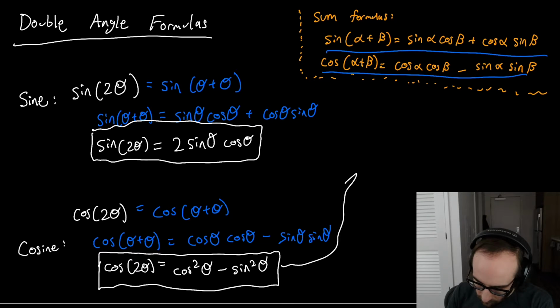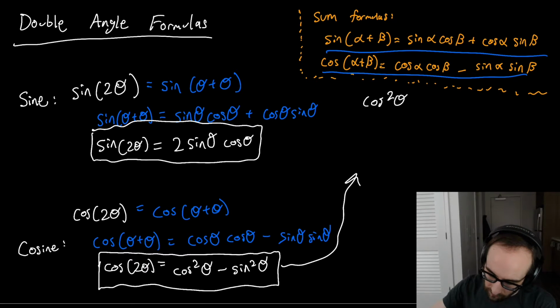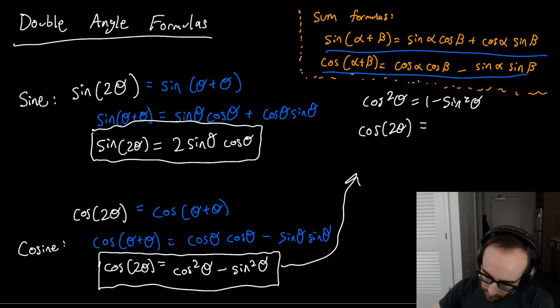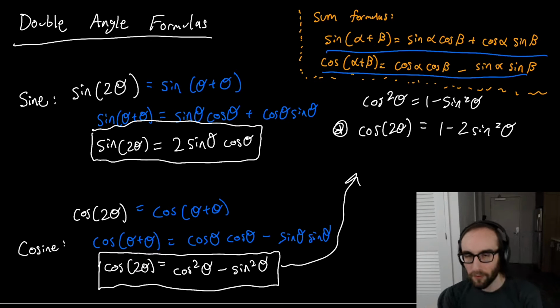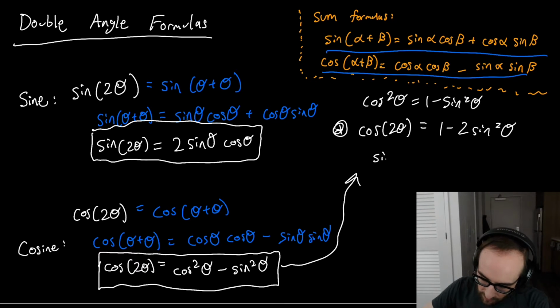You might see some alternate forms. So there's 2 more forms listed for cosine. One of them is where we replace cosine squared, that first part, with 1 minus sine squared, just using our Pythagorean identity, which gives us cosine of 2 theta equals 1 minus 2 sine squared theta. So this is one other form. The other form is taking sine squared theta and replacing it with 1 minus cosine squared theta, the second term.